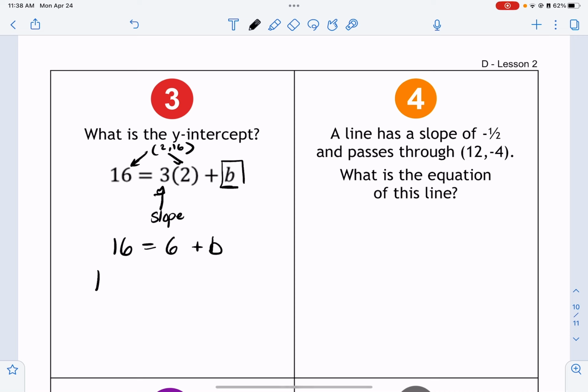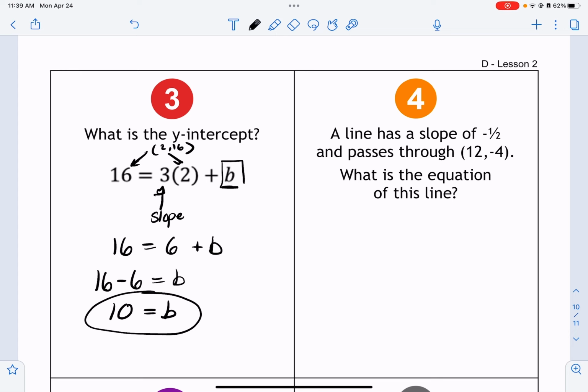We move the 6 over where it becomes negative, and 16 minus 6 is 10. And there we go. So 10 is your y-intercept. This is another way we can solve for the y-intercept just by using our algebra skills and the skills that we learned how to solve equations in the last unit.